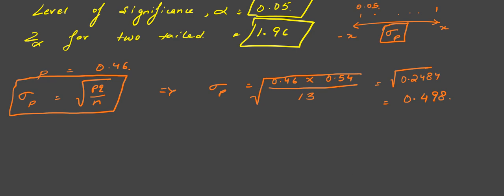So let us find the acceptance range. We have two limits, the upper limit and the lower limit. Let's find both of them.